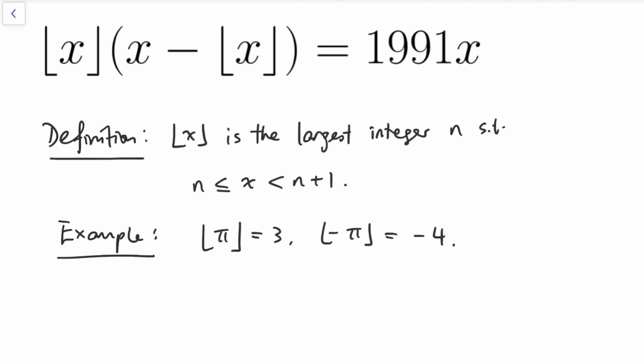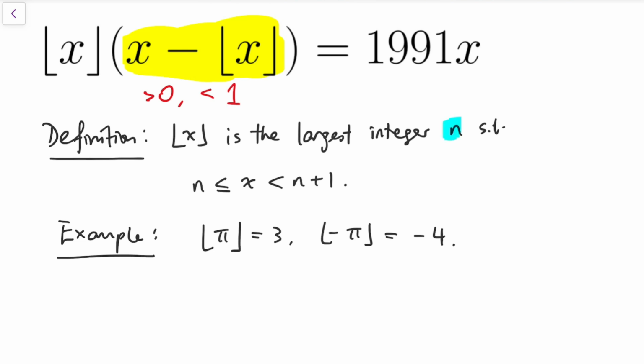So if the real number x, the input of this function, is positive, then the floor function is actually just taking the integral part of that number. Now, looking at the expression x minus the floor function of x, by definition we know that it must be positive, and it's also always less than 1, because we have defined the floor function by this integer n with x less than n plus 1.